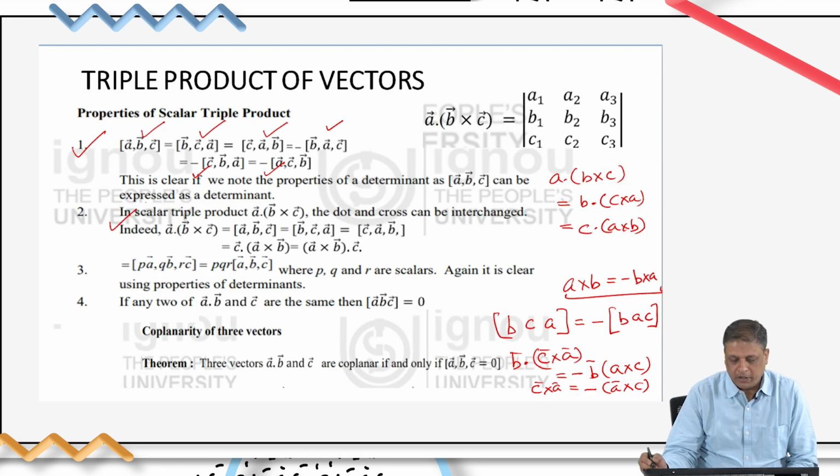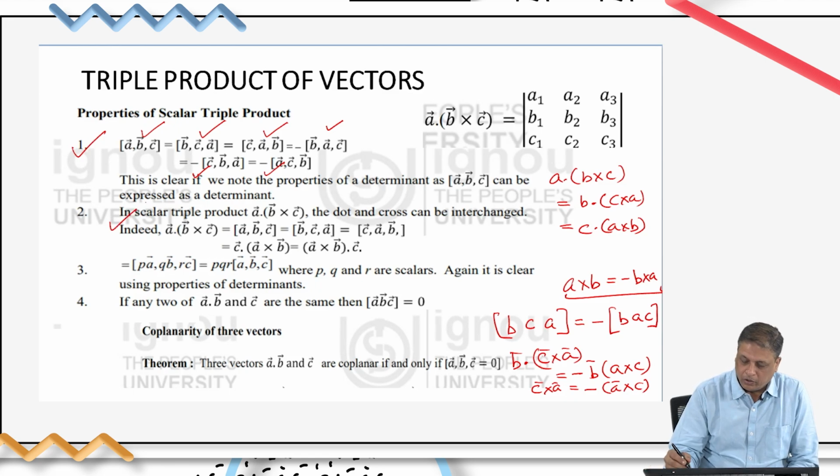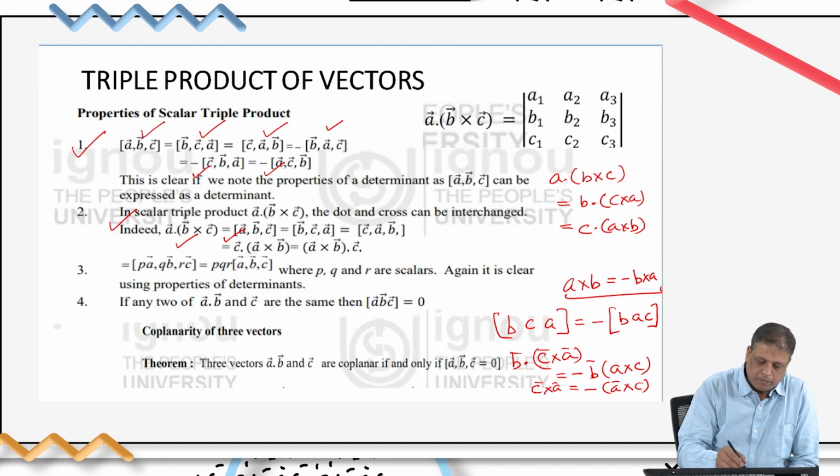The next important property of the scalar triple product A dot B cross C is that it can always be represented in the square bracket forms, that is [A, B, C], [B, C, A] and [C, A, B], and this is just the repetition of the first part.